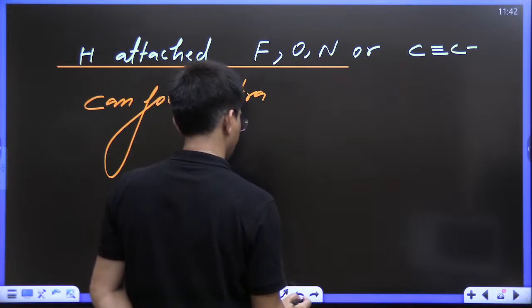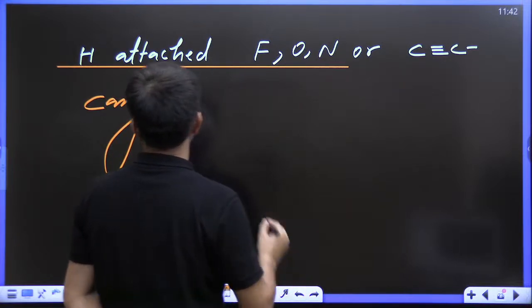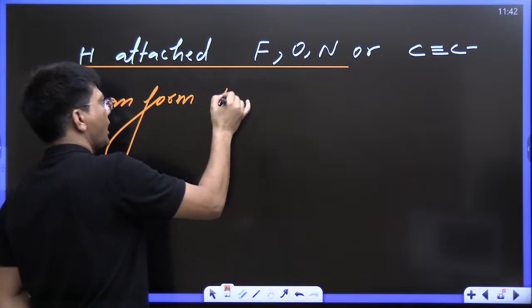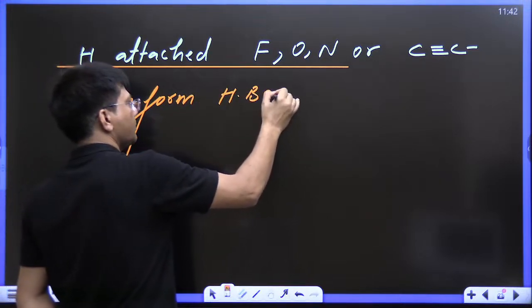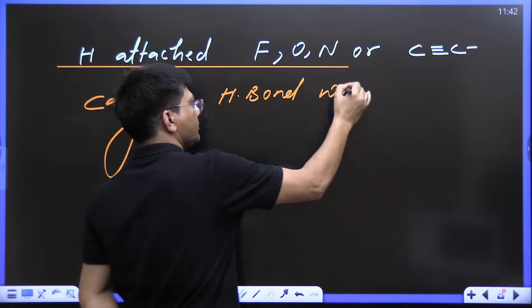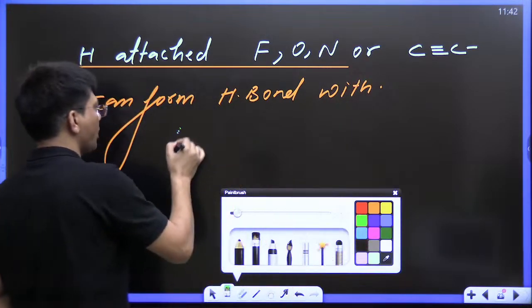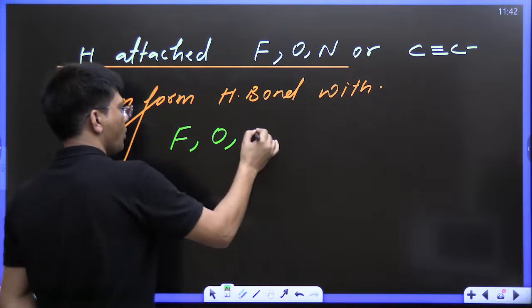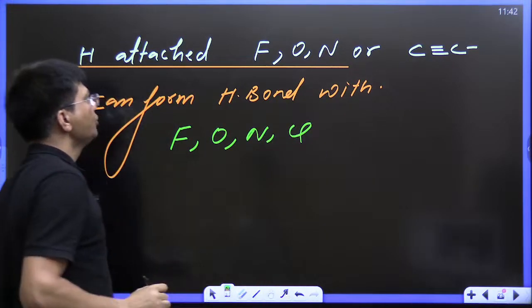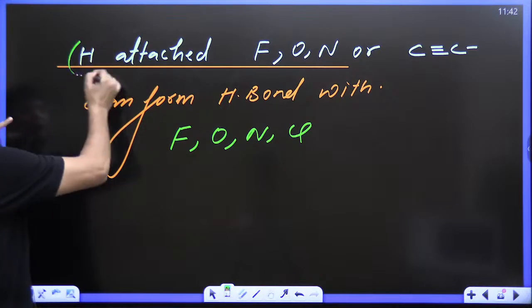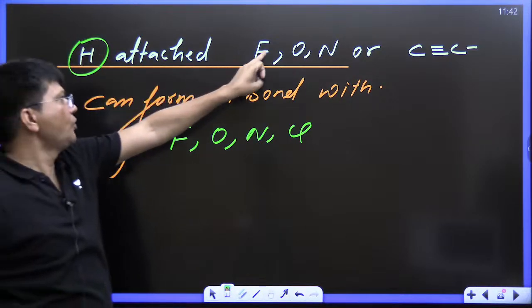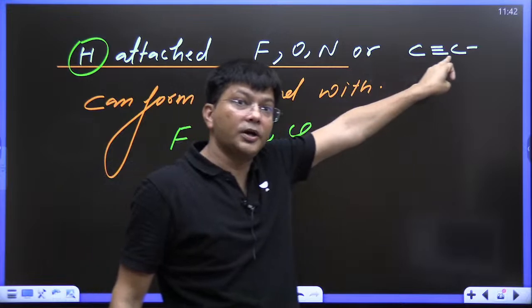What type of hydrogen bonding? That can form hydrogen bond with FONCl. Do remember hydrogen, which is either attached with fluorine, oxygen, nitrogen, or triple bonded carbon.